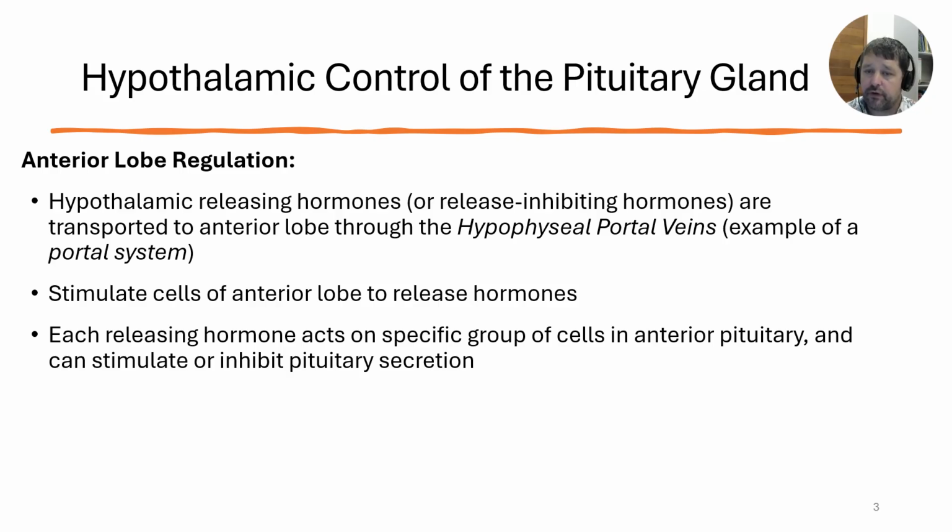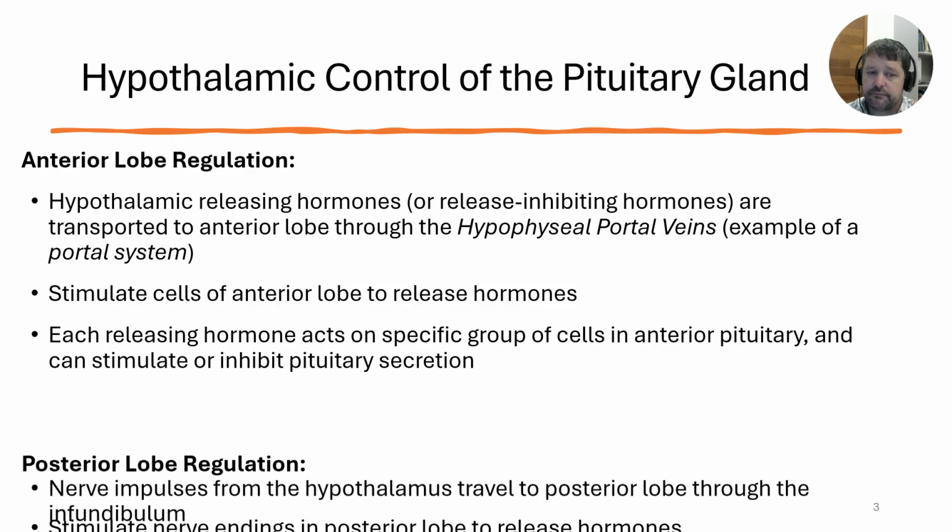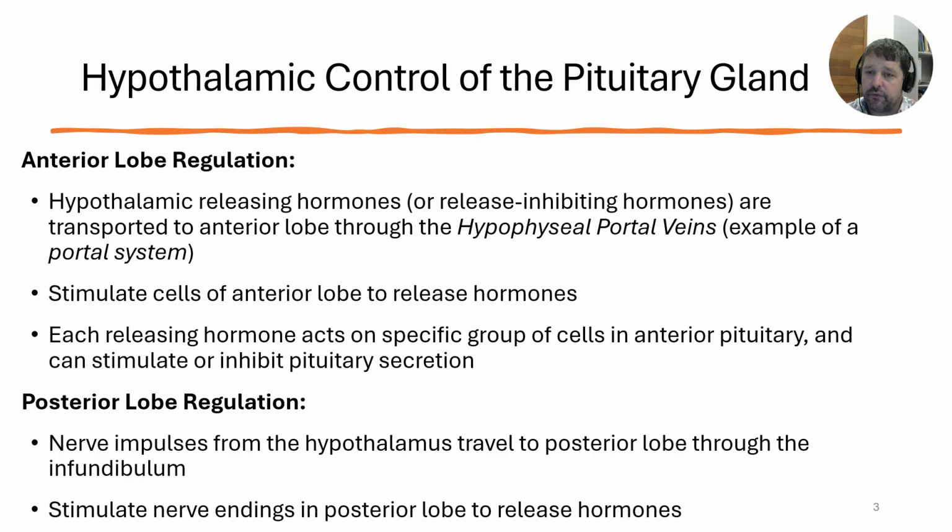Those hormones can travel to lots of different places. One of the main places they might travel to is the thyroid, and we'll look at specifics behind that in a little bit. The posterior lobe, on the other hand, is stimulated by neurons from the hypothalamus.